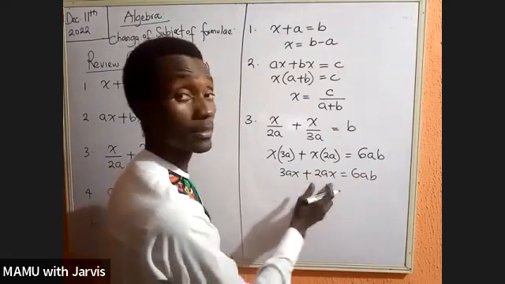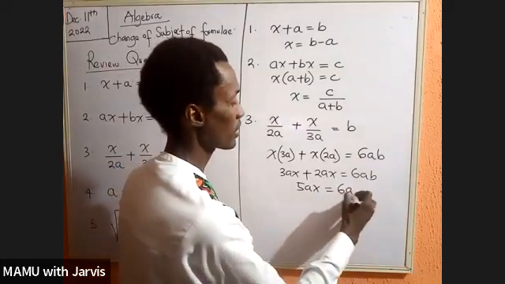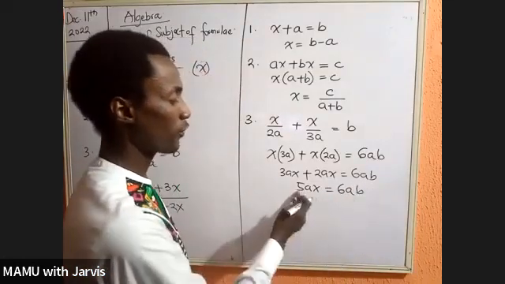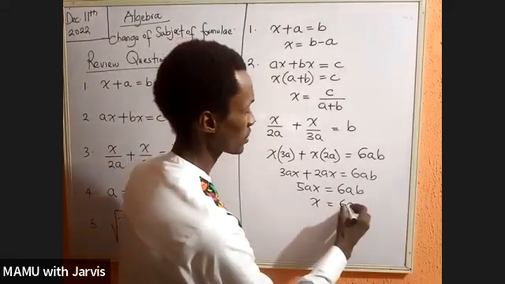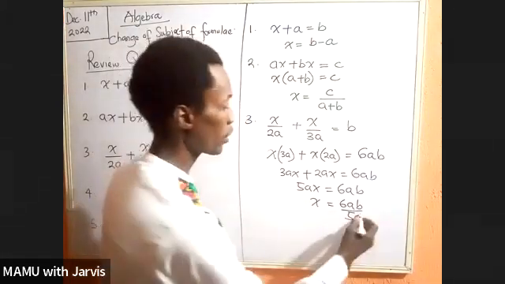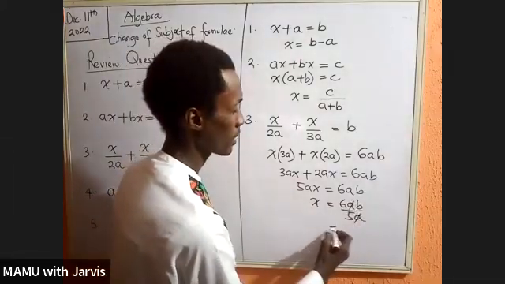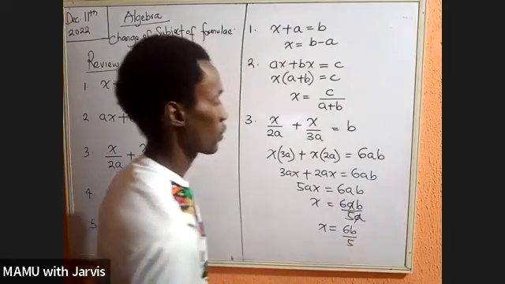I can add this. We're going to have 5ax equal to 6ab. I don't need 5a on the left-hand side, and that will mean that x will be equal to 6ab all over 5a. A goes with a, and x will be equal to 6b over 5. Was that what you got?